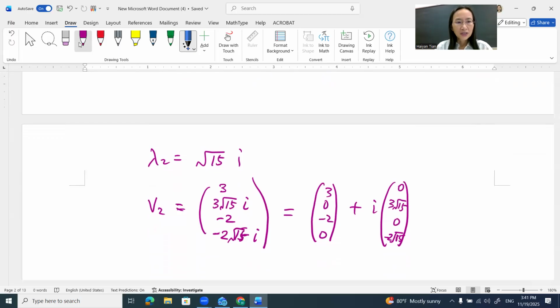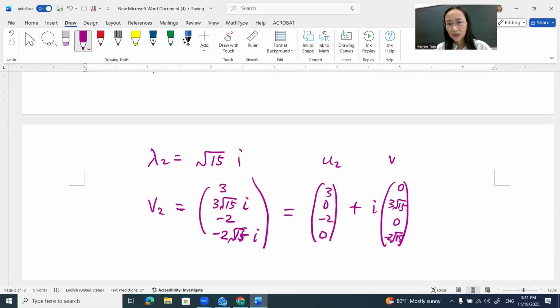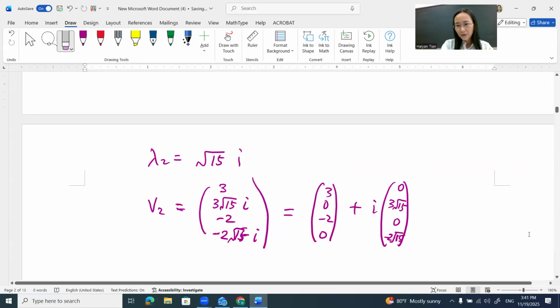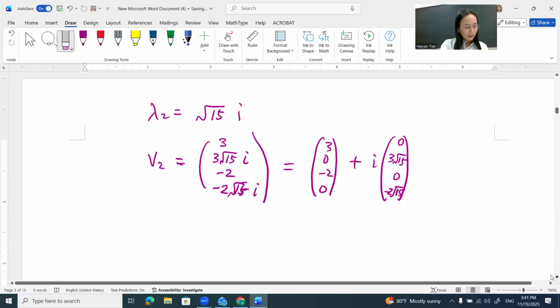So the notation here is for the second eigenvalue, and this is the second eigenvector. The notation u2, w2 will represent the real part and imaginary part of the second eigenvector. Okay, once we understand the notation in the theorem, you see the reason we decompose, and we're ready to use the theorem to give a solution.